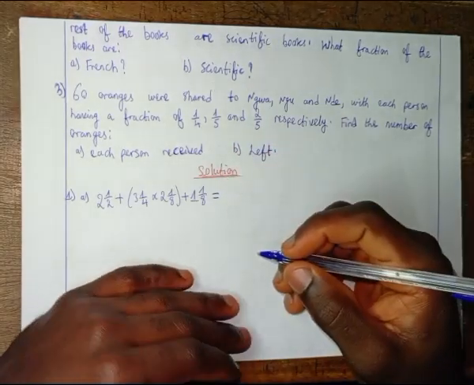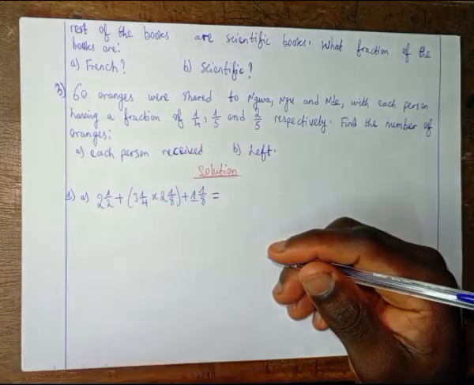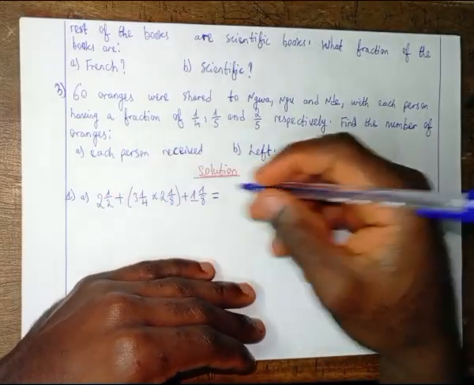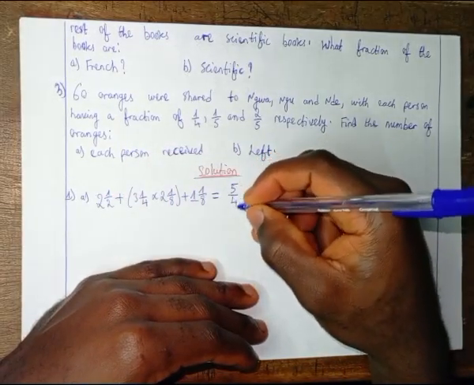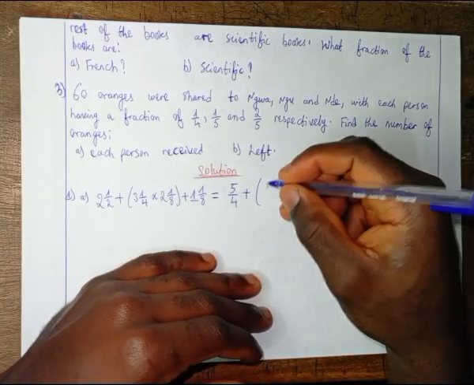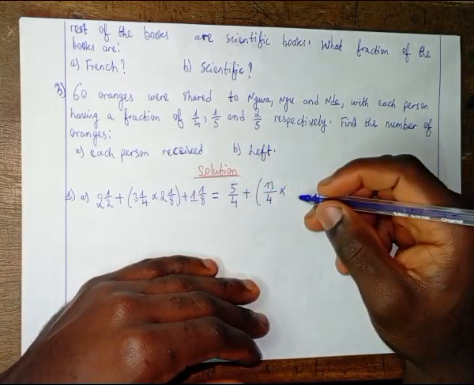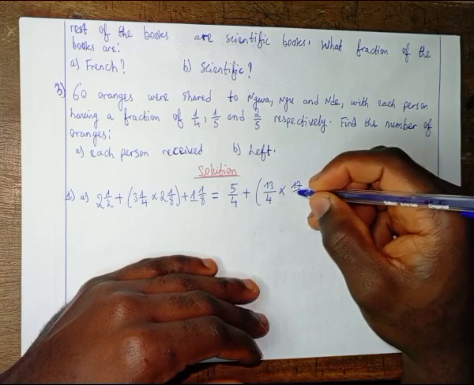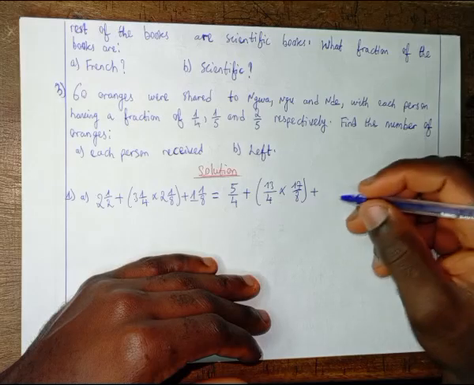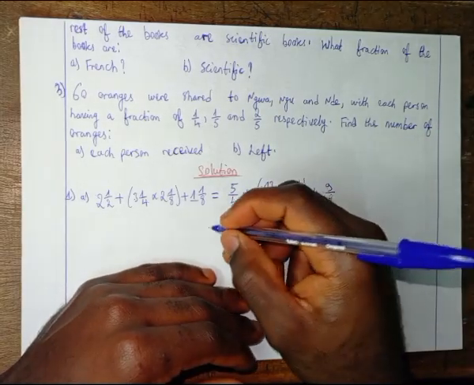First thing, we are going to start by changing all the mixed fractions to improper fractions. 2 times 2 gives us 4 plus 1, 5, plus 4 times 3, 12, plus 1, 13 over 4 times 8 times 2, 16, plus 1, 17 over 8, plus 8 times 1, 8 plus 1, 9 over 8.